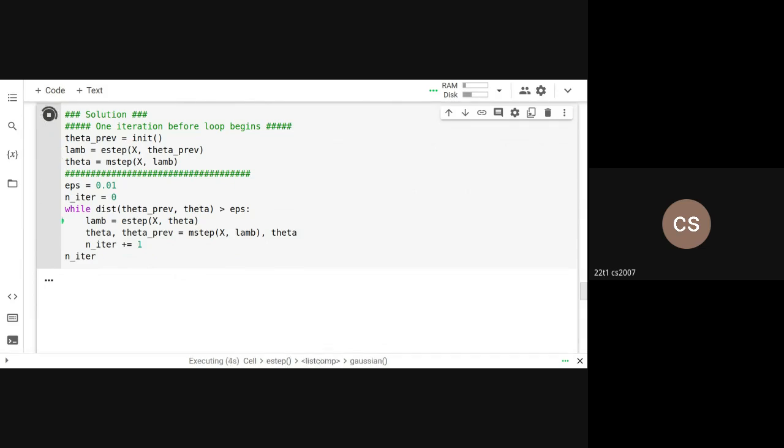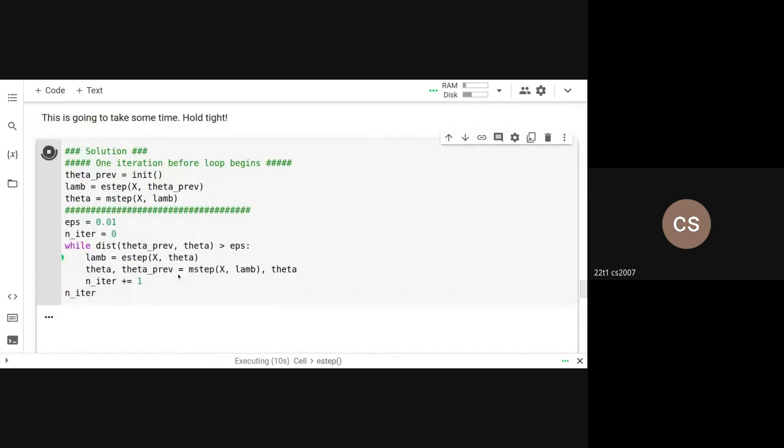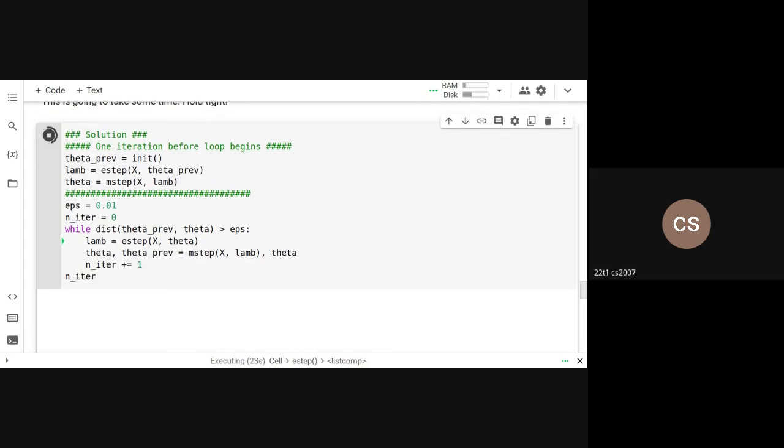If all works fine, we should get somewhere around 70 iterations to completely solve this particular instance. The reason it's taking time is there are like 100,000 data points, so it is going to take this time.